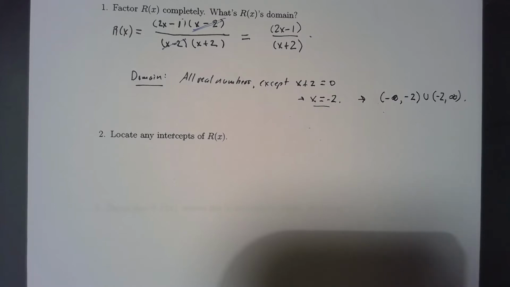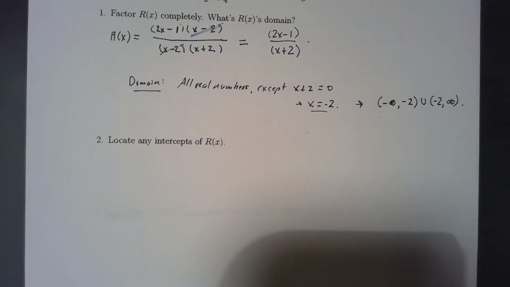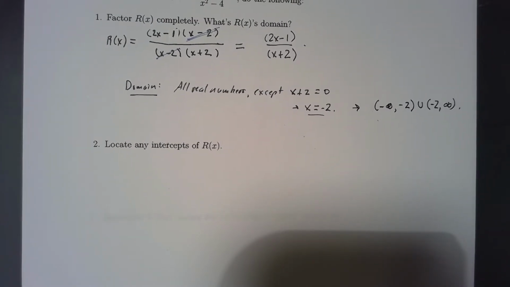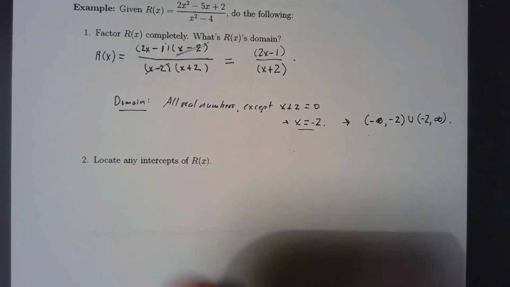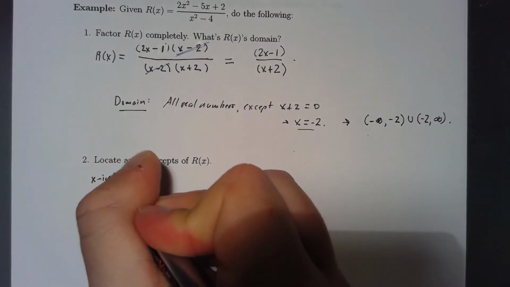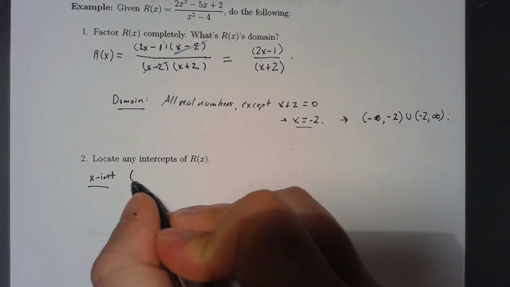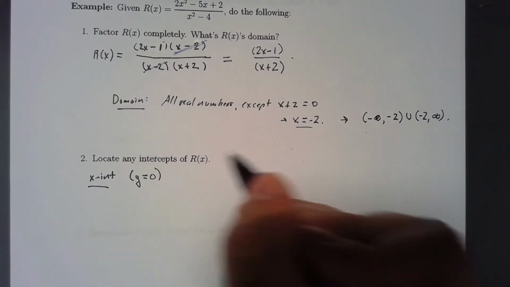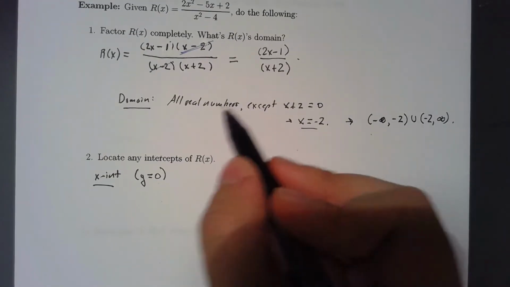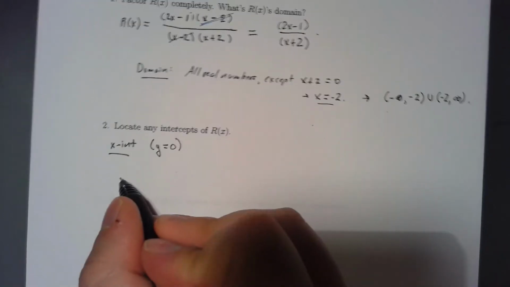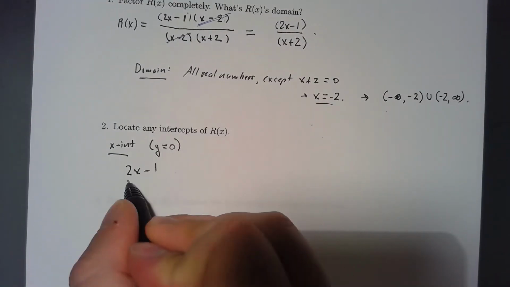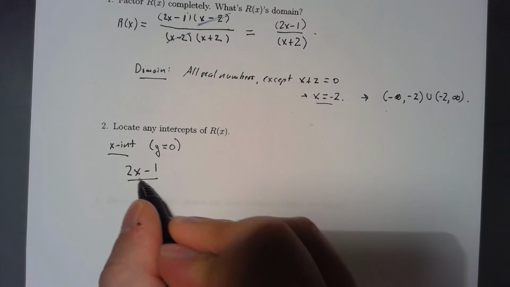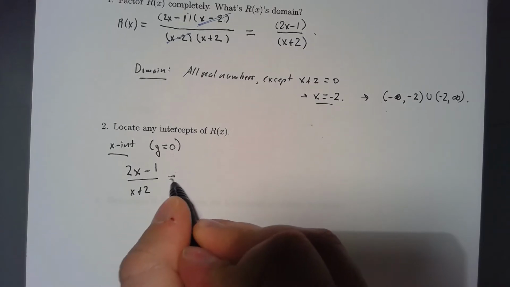Locate the intercepts. X-intercepts when y equals 0. So my function is when 2x minus 1 over x plus 2 equals 0.